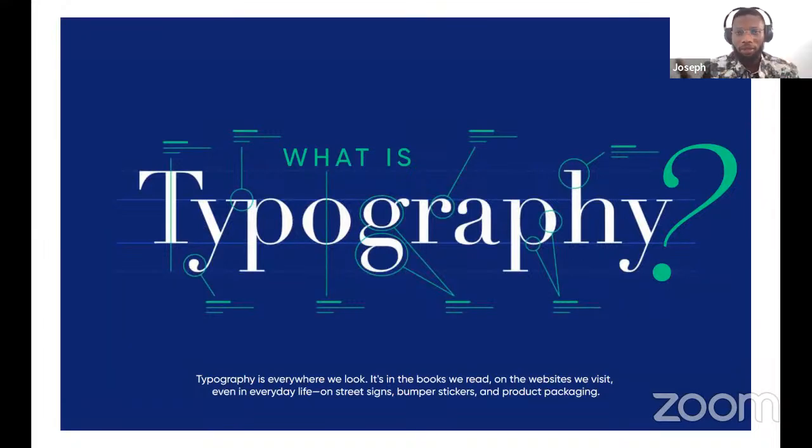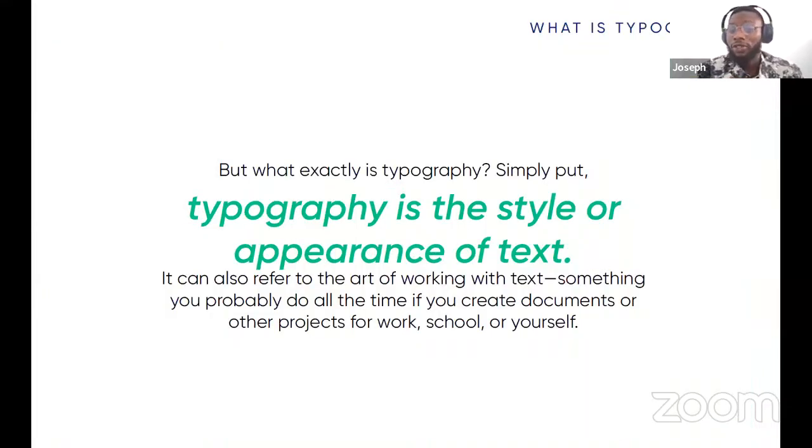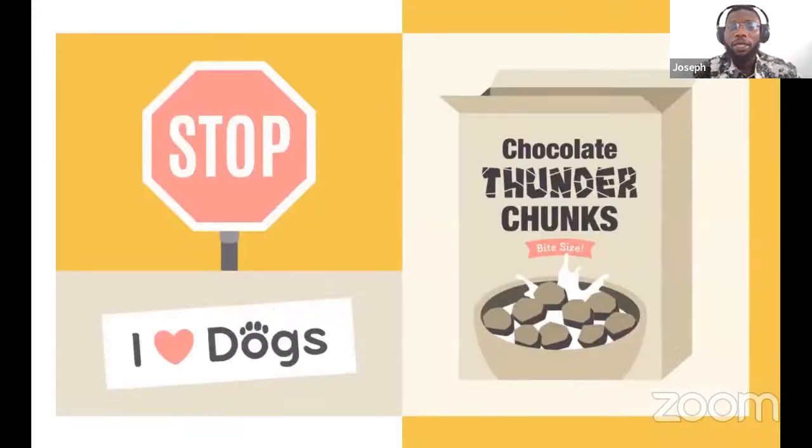In fact, the slide that we're using for this course is made up of text, and that is in itself typography, right? So we said that typography is the style or appearance of text, which we all agreed yesterday, right? And then these are examples of typography being in everything that surrounds us, in everywhere we look, really.